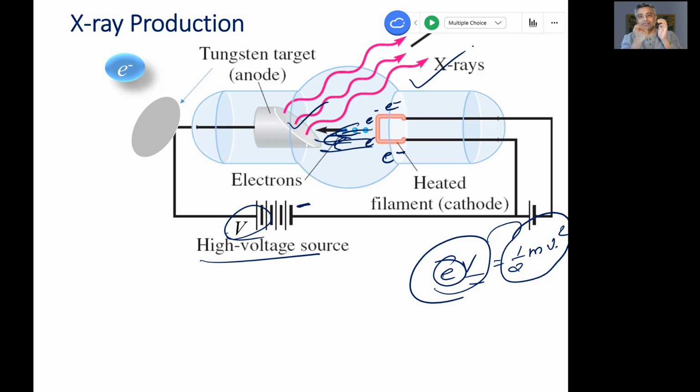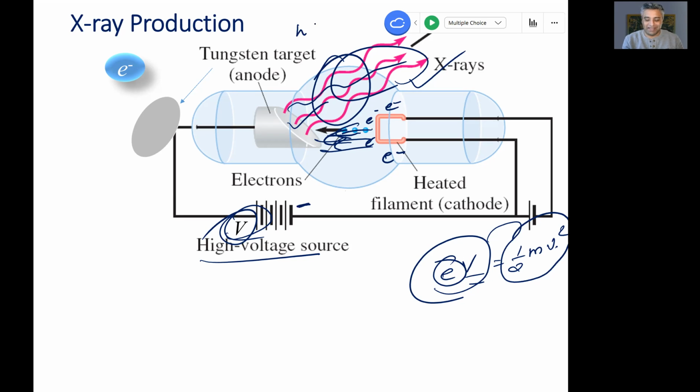If the electrons are moving slower, then the waves that come out are not going to be so energetic. So by increasing voltage, you can increase the frequency of the wave that comes out. Remember, these are the X-ray photons that come out, we can say, okay?